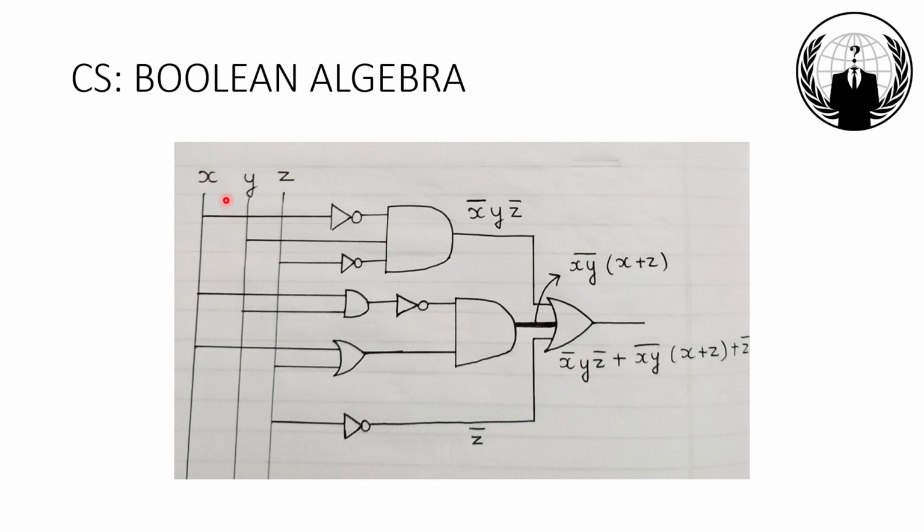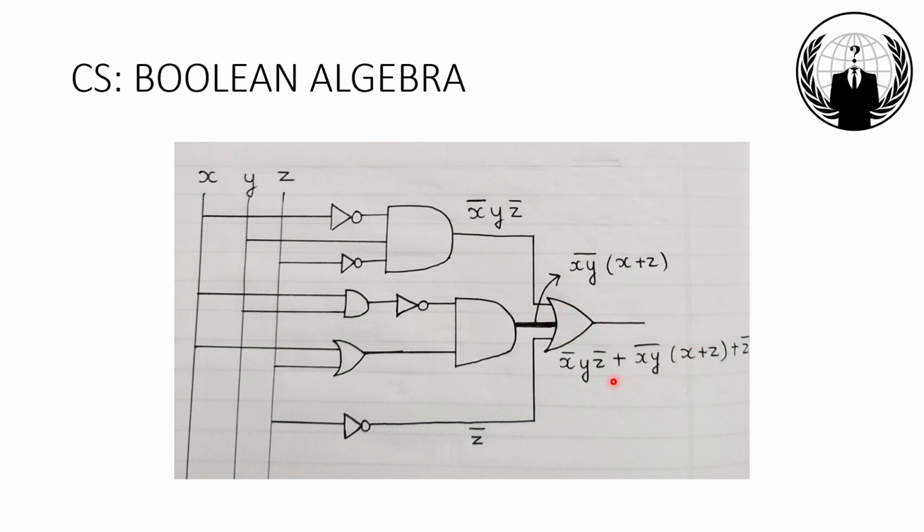So we write x, y and z and draw straight lines parallel to each other. Then, as in the question we have x complement, we use the NOT gate to find the complement of x, and here comes y, which is directly joined by the AND operator. Then for z complement, similarly we draw and use the NOT operators, AND operators and OR gates, and then we will get the desired result.